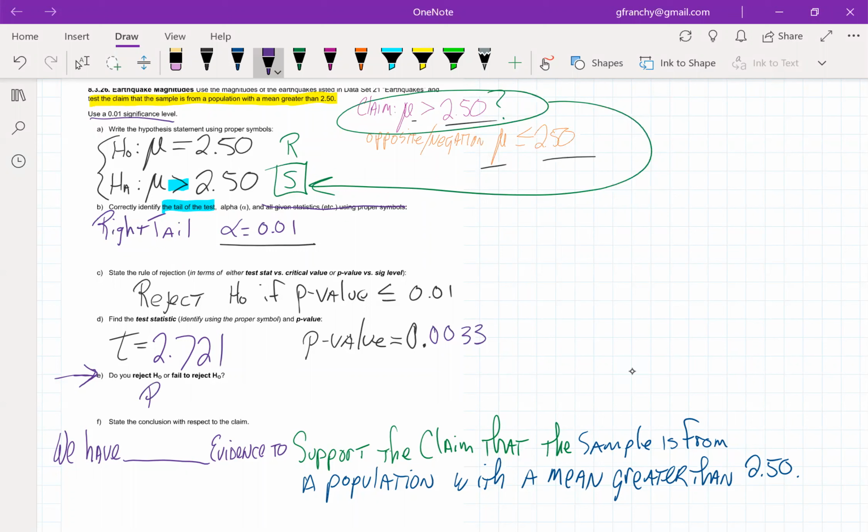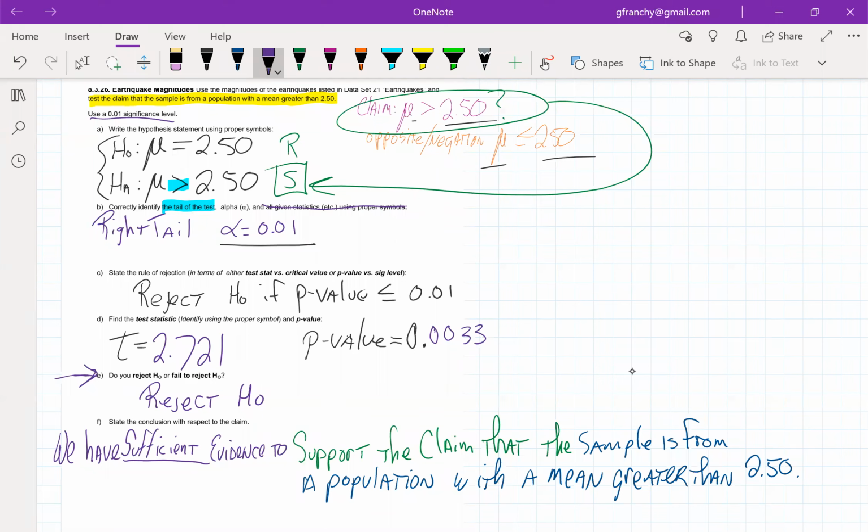So we do go ahead and reject the null hypothesis. And when we reject the null hypothesis, we have the evidence. So we'll put the sufficient there. So we have sufficient evidence to support the claim that the sample is from a population with a mean greater than 2.50.